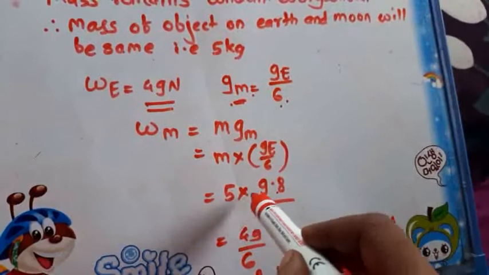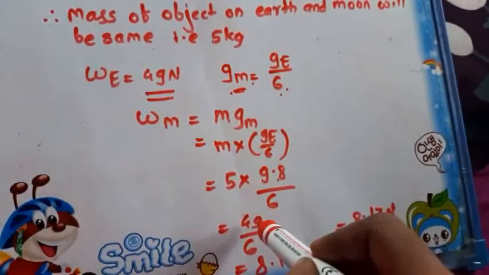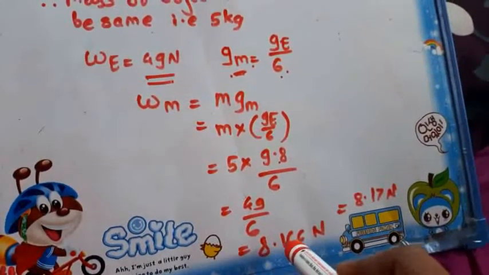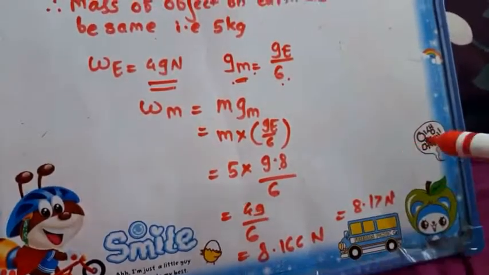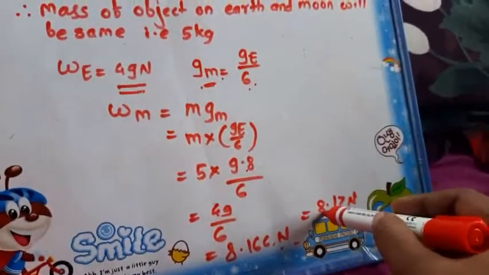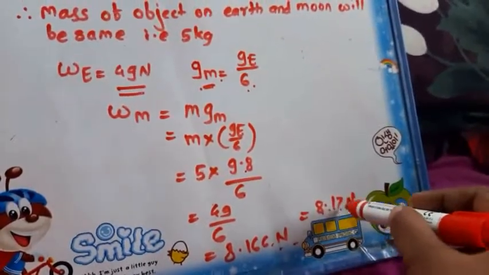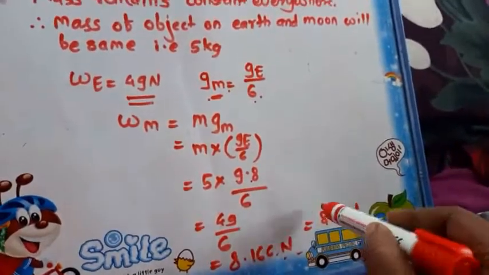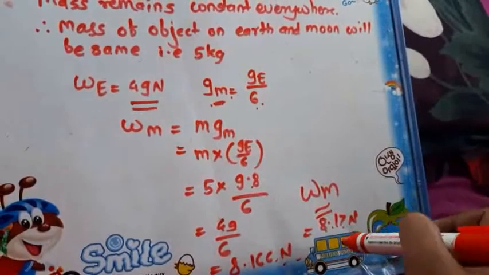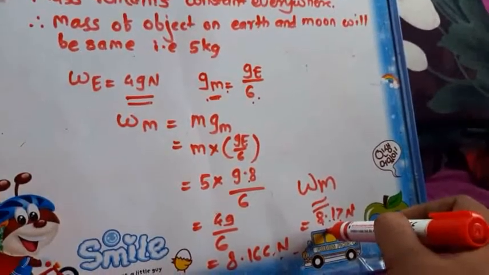So 5 into 9.8, it will be 49 divided by 6. Its answer will be 8.1666, it continues like that. So it will be approximately 8.17 Newton. So weight on moon of that object will be 8.17.